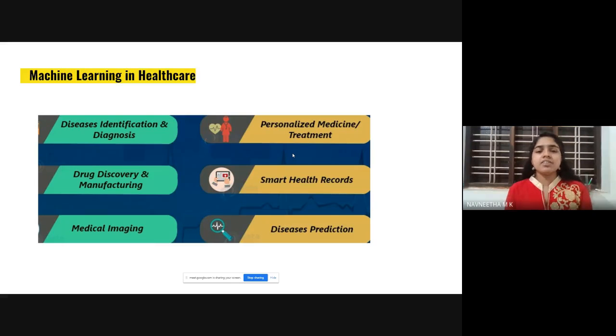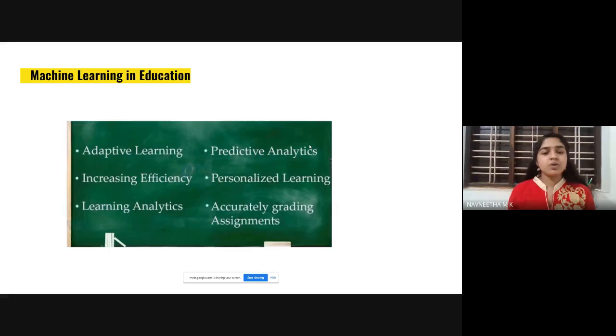In healthcare, machine learning helps a lot in diagnosing diseases and discovering diseases, and in smart health records. In education also, we use machine learning for increasing the efficiency of our studying, personalized learning, predictive analytics, and adaptive learning.